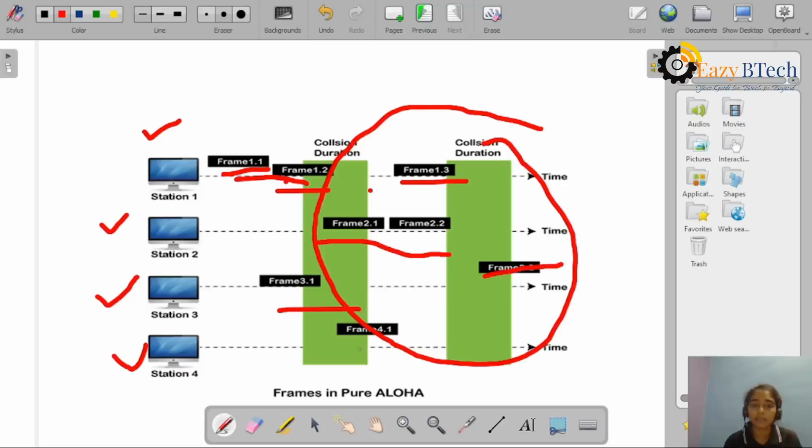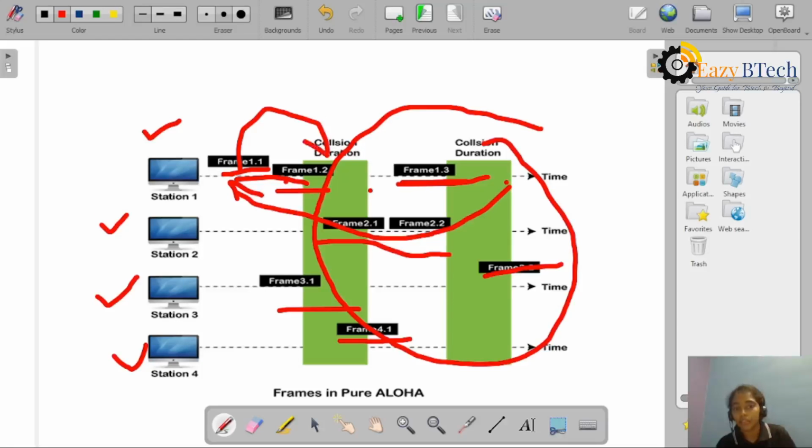Whenever frames are sent, the receiver definitely sends an acknowledgement for each and every frame. Then only the next frame will be sent. Whenever a frame is successfully received by a receiver, he gives an acknowledgement to the particular sender. Then the sender transmits the second frame in the channel. So here collision will occur.